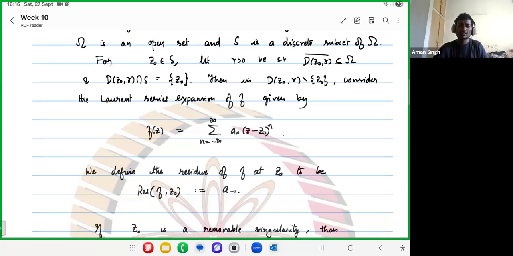But what happens to 1 by z? Here z has degree 1 in the denominator, and if you take the antiderivative, in the real case it is well defined: it is log of x. When you are given 1 by x, its antiderivative is log of x, but in the complex plane it is not well defined.